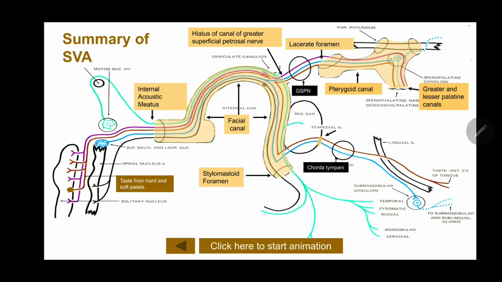Now look, the sensation from the tongue, anterior two-thirds except the circumvallate papillae, follows the same pattern. You should learn all this so that you can have an idea in your clinical postings also. ENT surgeons need to have a lot of knowledge and take a lot of care about this facial nerve. It is so closely related with the middle ear.